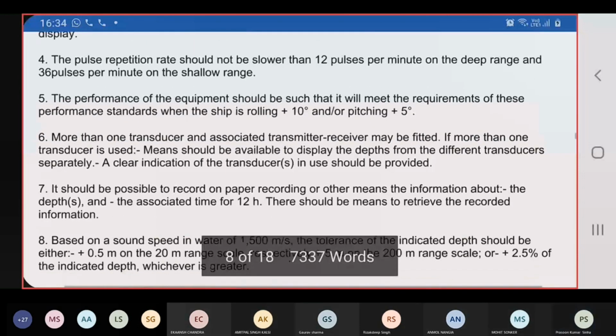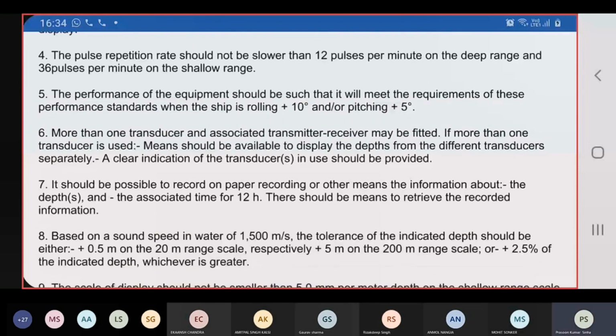PRF, we talked about, should not be lower than 12 pulses per minute, or 36 pulses per minute for the shallow range. Remember, PRF is less for deep water, more for shallow water.